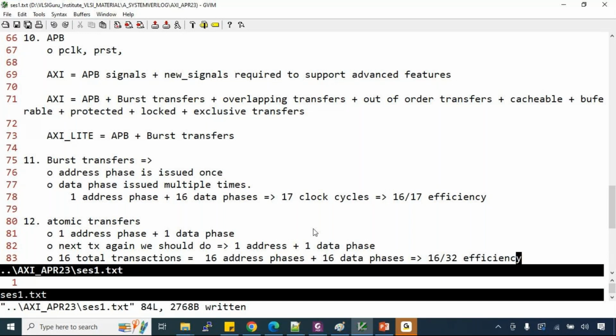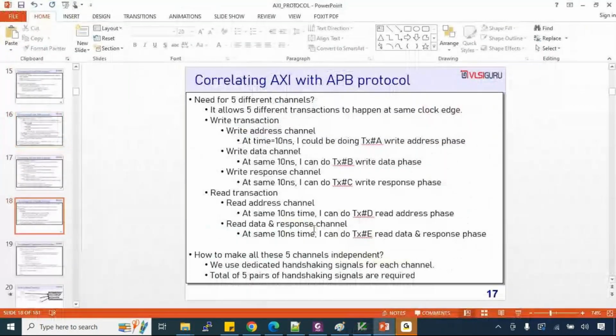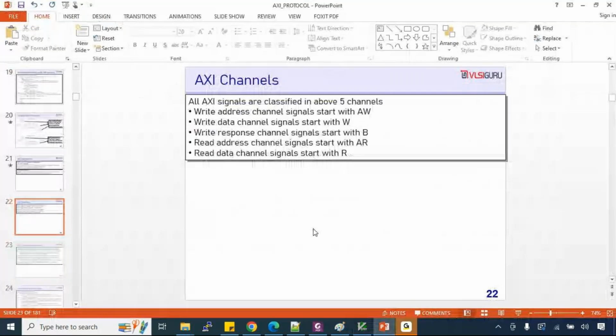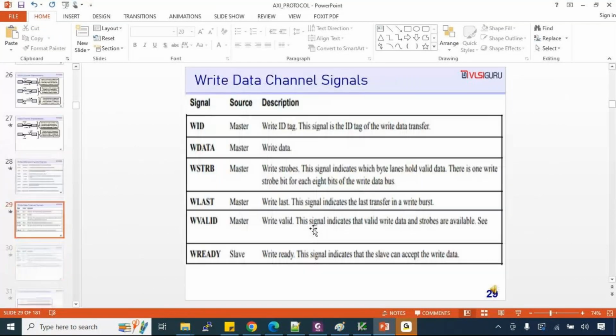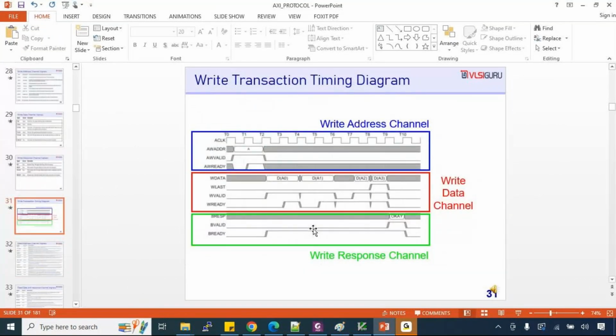I will show you an example to help you understand what a burst transfer is. This is an example of a burst transfer. The address phase is issued only once. First data phase, second data phase, third data phase, fourth data phase. 4 data phases are done.